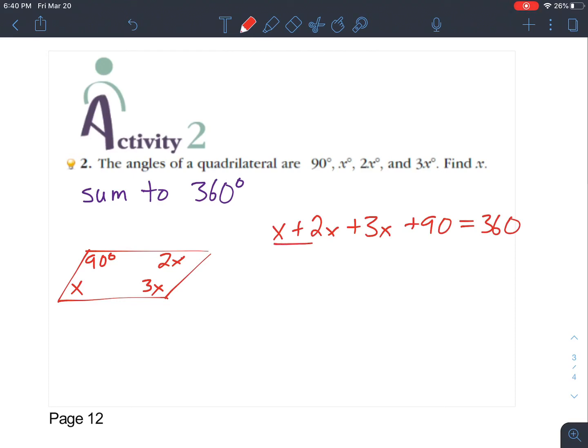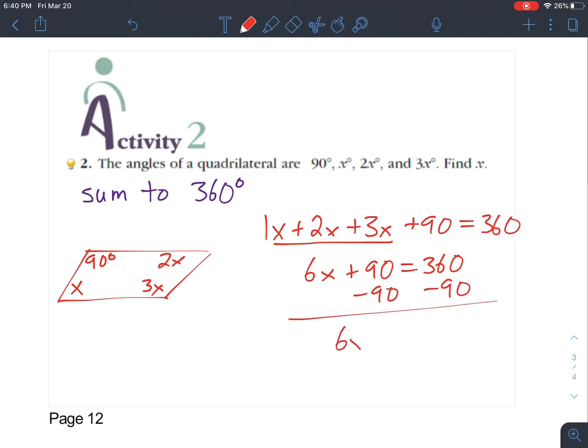When we simplify, we've got to combine our like terms. Don't forget that is a 1x there. So we are going to have 1 plus 2 is 3, plus another 3 makes 6. 6x plus 90 equals 360. Subtract 90 from both sides to get 6x is equal to 270.